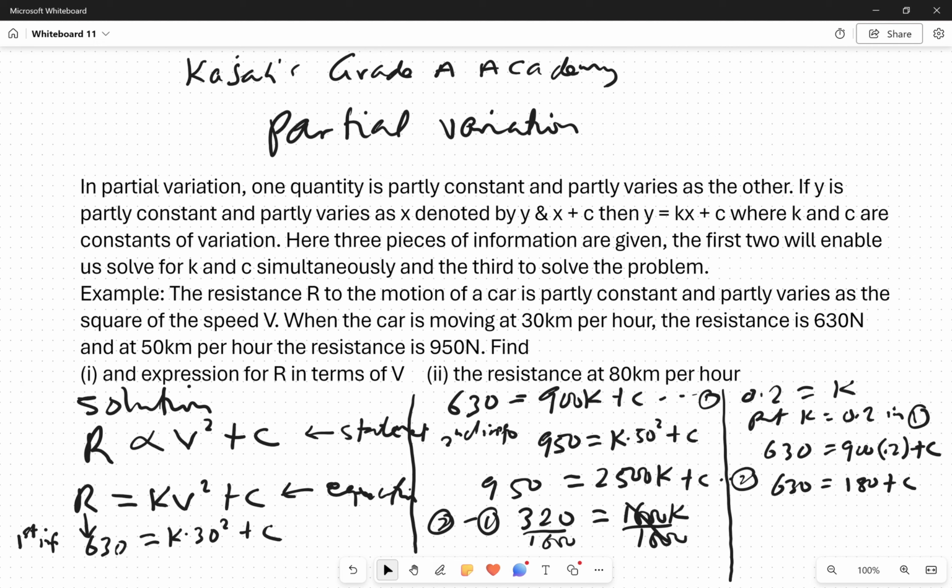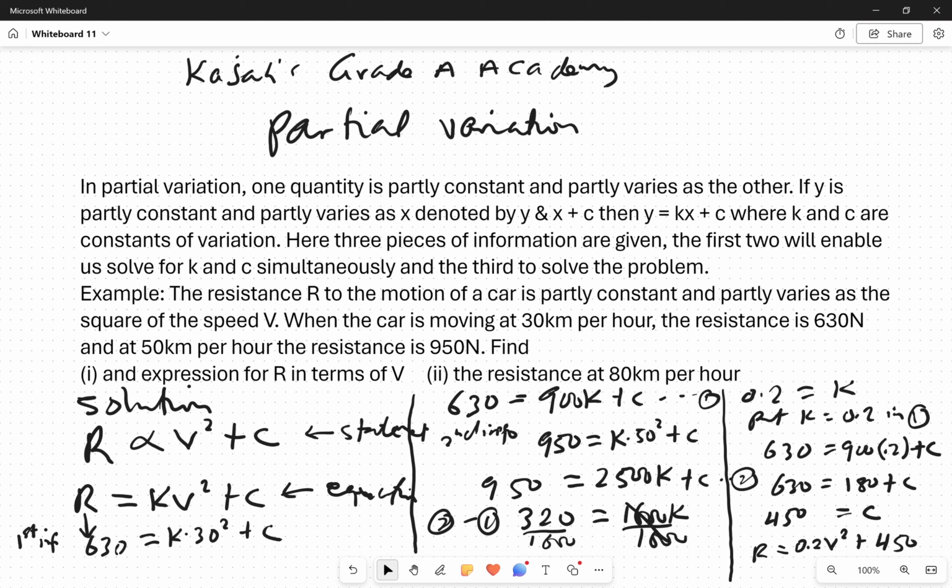You solve this, you have 450 is equal to c. So we get our values of c and k, and then we can write our equation: R is equal to k, and we've gotten k to be 0.2, so 0.2 v squared, plus c, and c is 450. That is our expression.